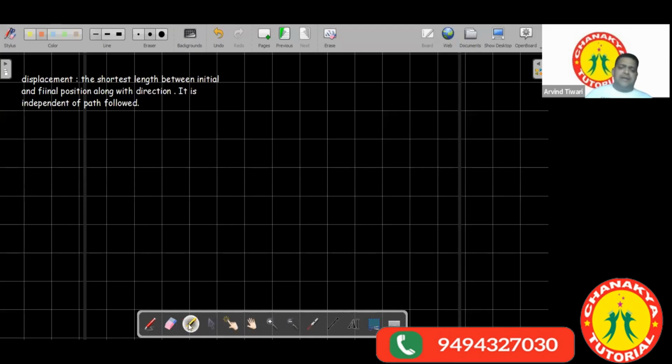Suppose I'm choosing my starting point. Let this be my starting point. Let one box or one unit be equal to 1 meter. Now, suppose someone starts from this point and travels here. This is how I am traveling.